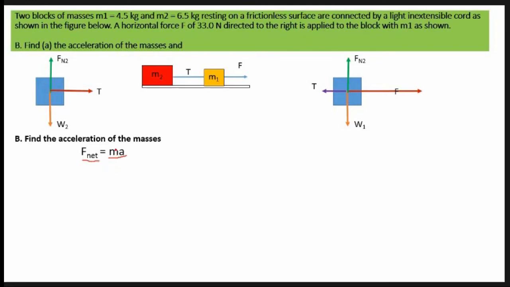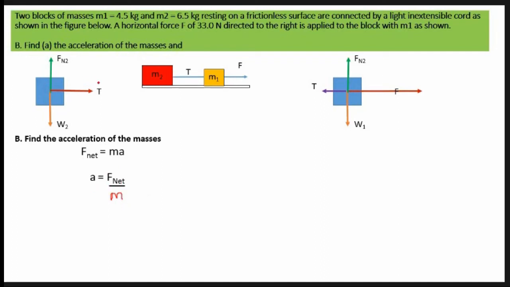How to get rid of this mass? You just simply divide both sides by mass, cancel it out, and it would be this one. So you have here acceleration is equal to net force over mass.